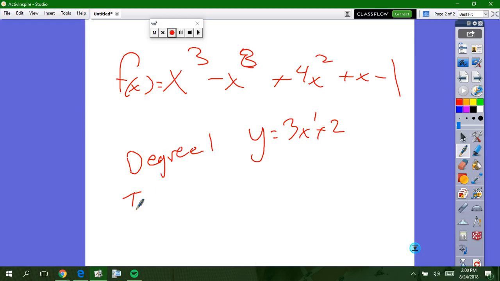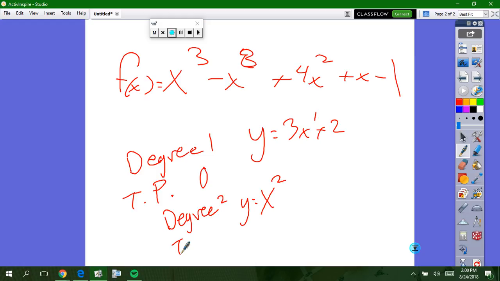How many turning points? We have no turning points because notice it's consistently increasing the whole way or consistently decreasing, meaning it never changes, correct? No turning point. How about a quadratic? Let's say y equals x squared. What's its degree? Degree is 2.